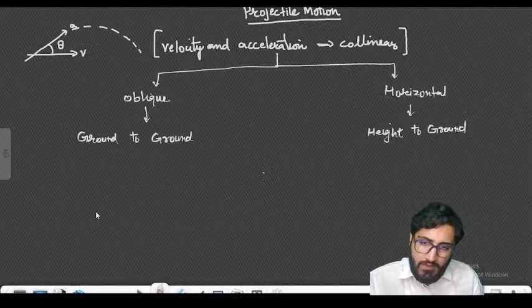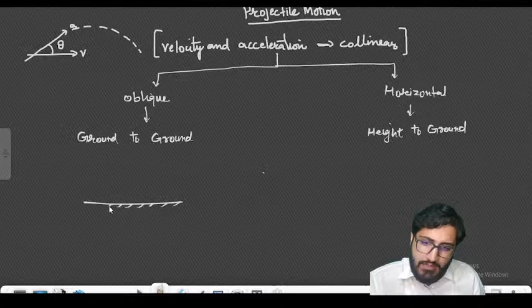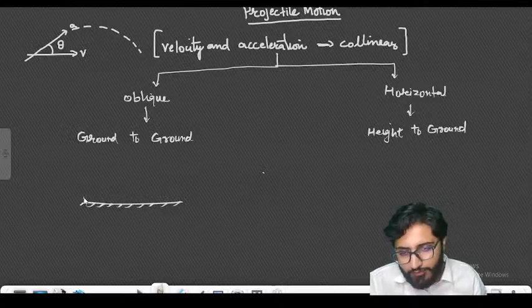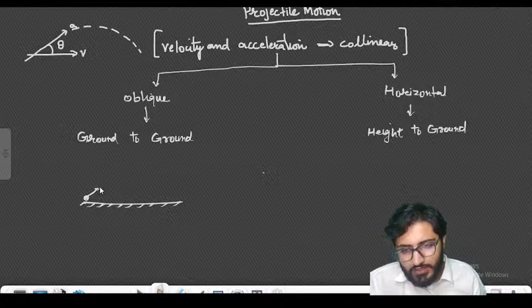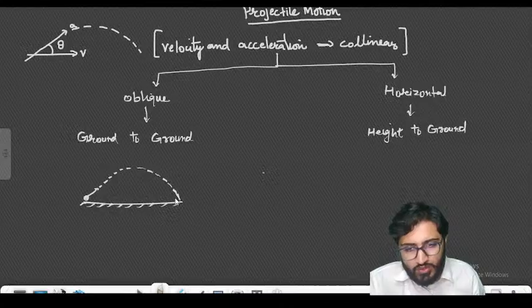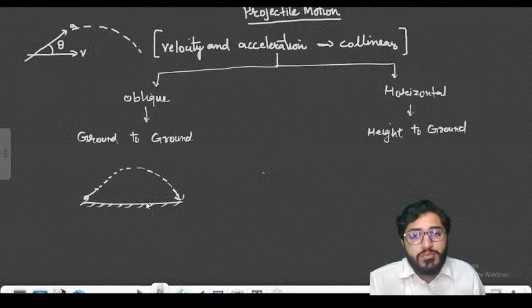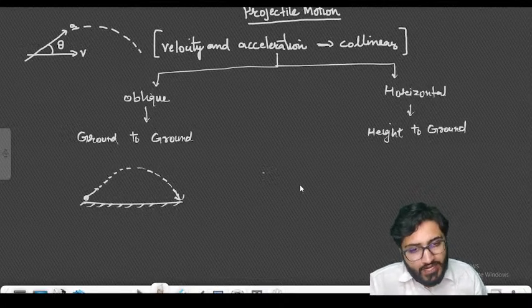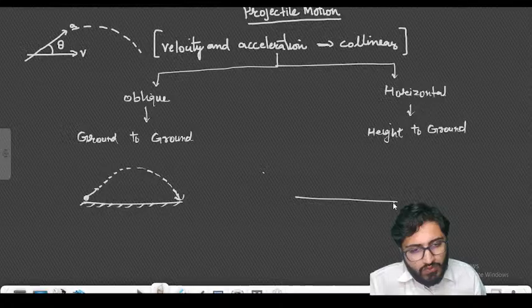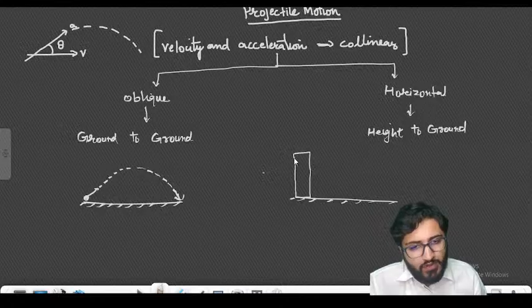Look now, if this is the ground and we are projecting something like this, it will go in this manner and come back to the earth. This is my ground to ground projectile, like the motion of a ball. Second one: here we have a building, a tower.